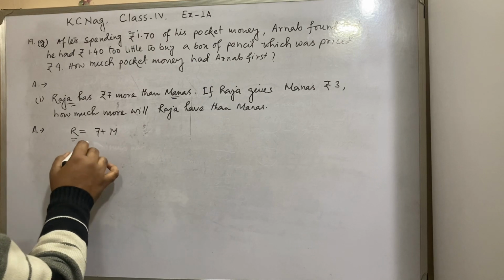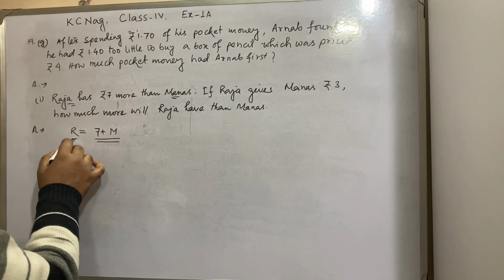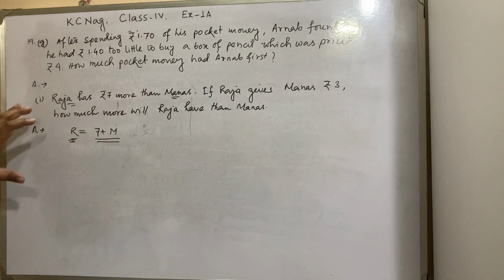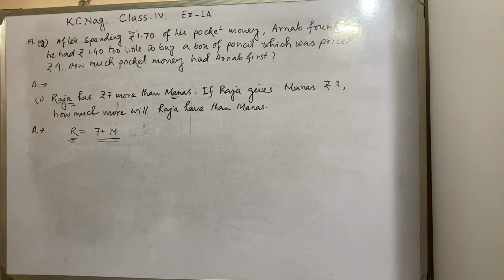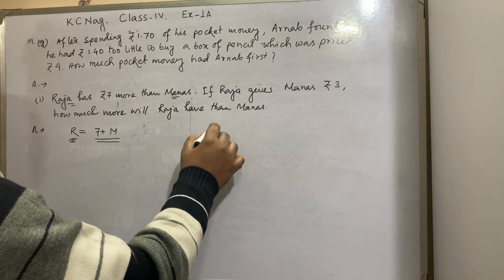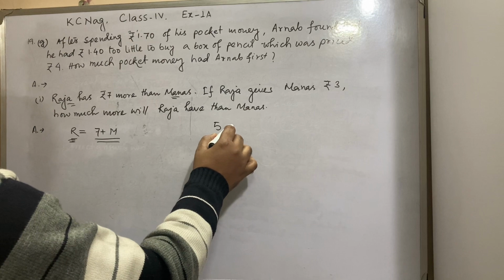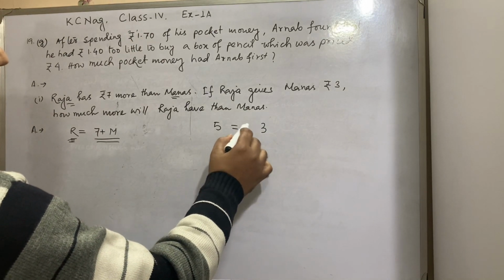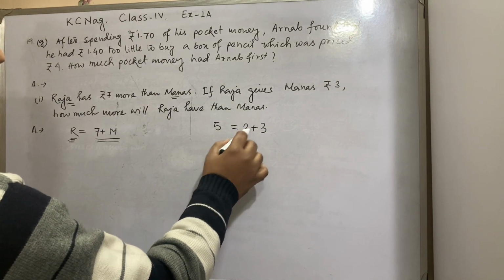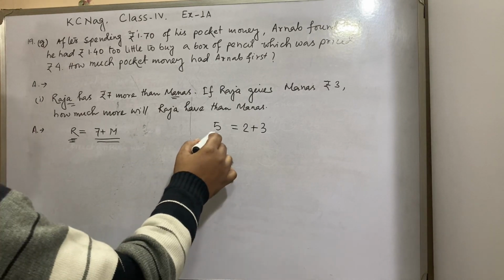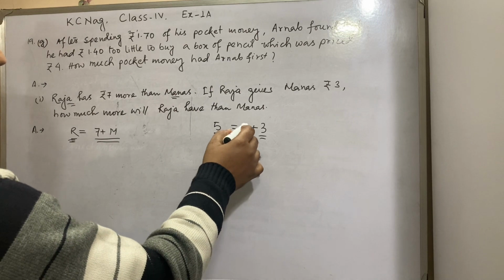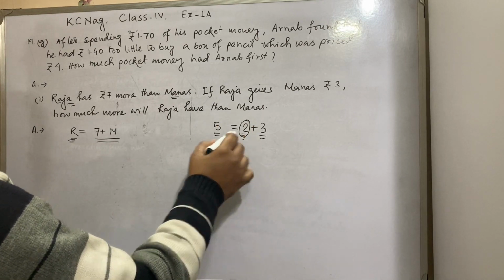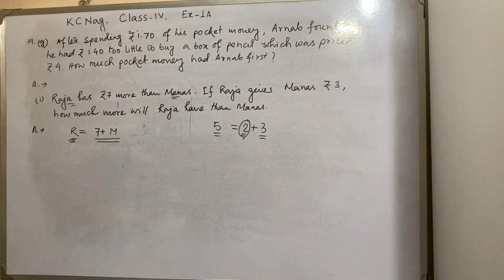To equalize these two, because Raja has more money than Manas. Suppose you have 5 rupees and your friend has 3 rupees. So how much more do you have? 2. That means if Raja has 2 rupees more than Manas, we have to add 2 to Manas to get them equal.